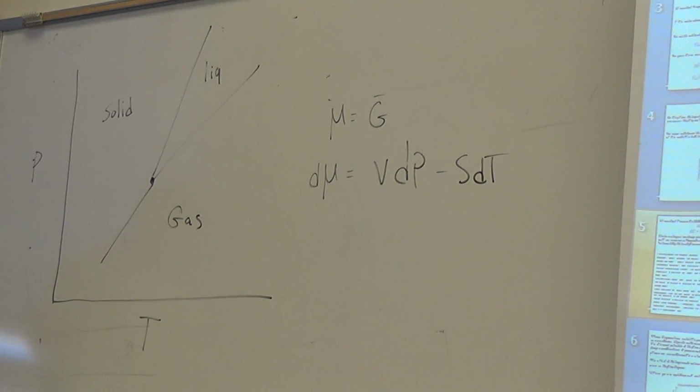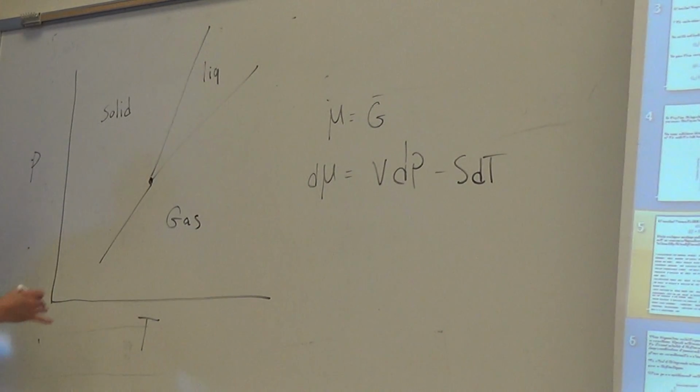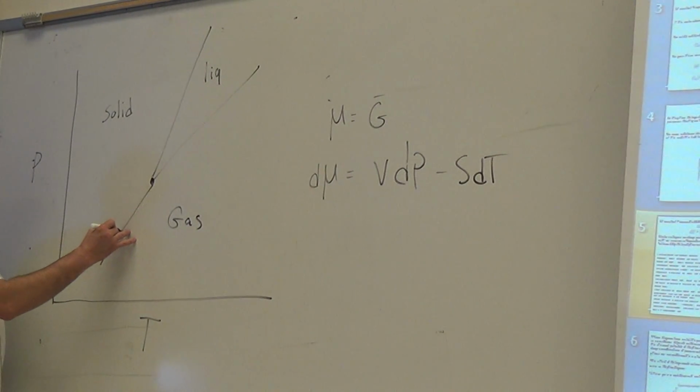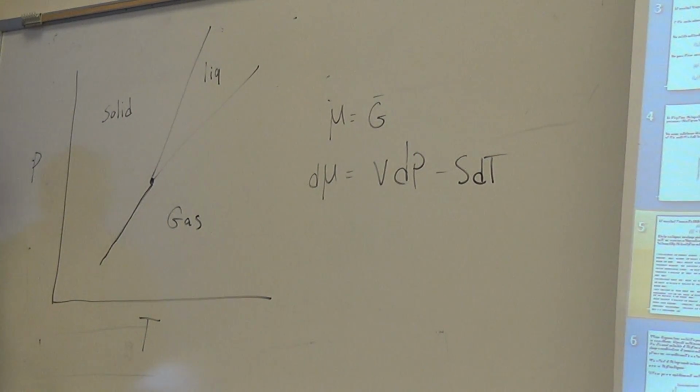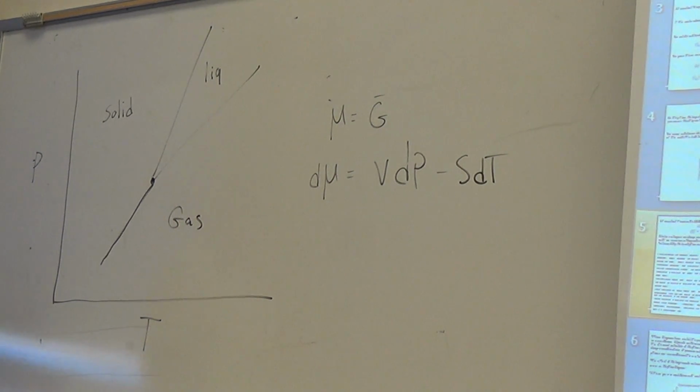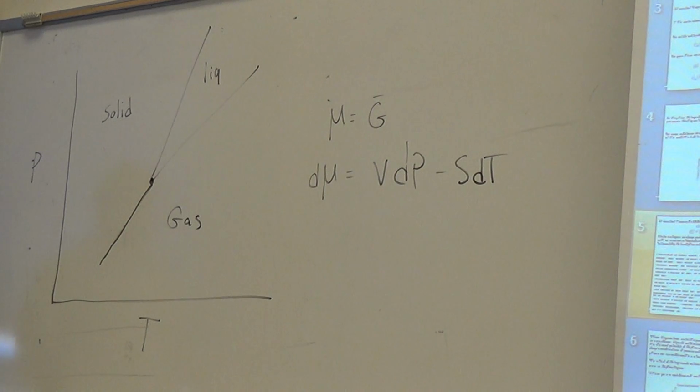So in this phase diagram, all of the lines were positions of temperature and pressure at which two phases would be in equilibrium.